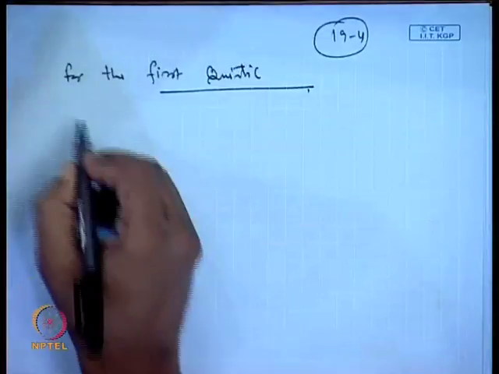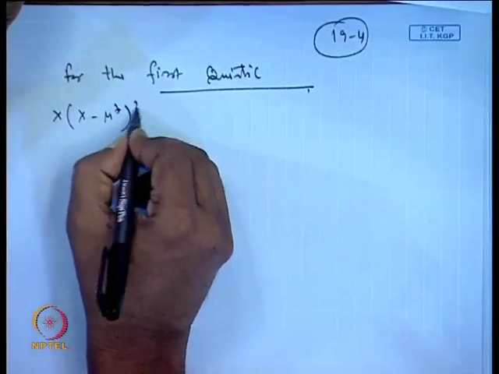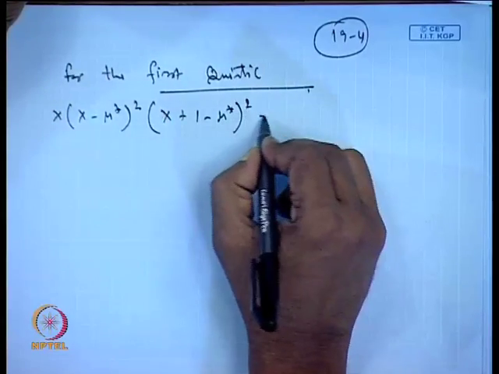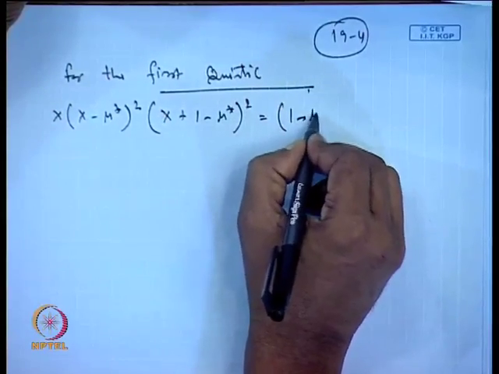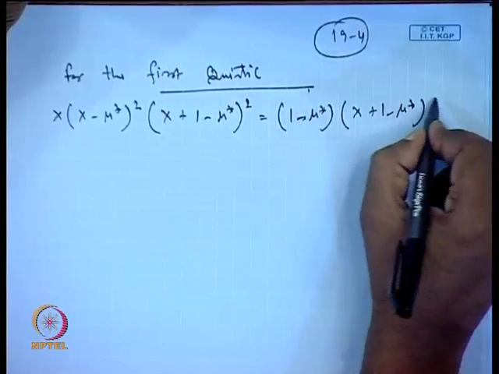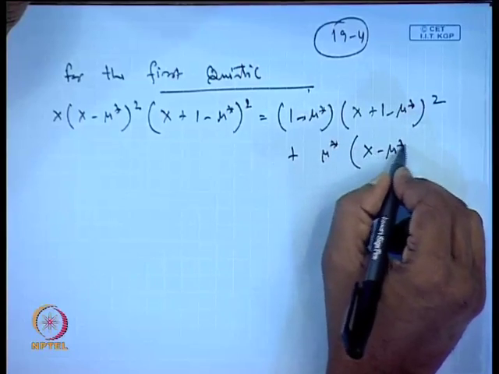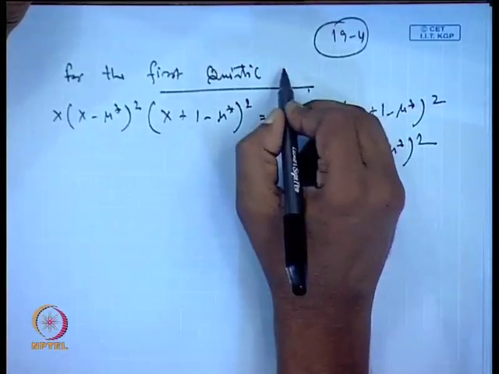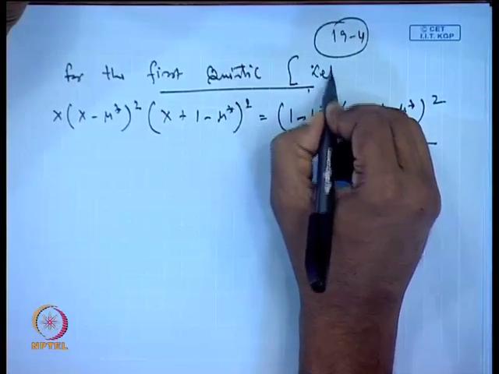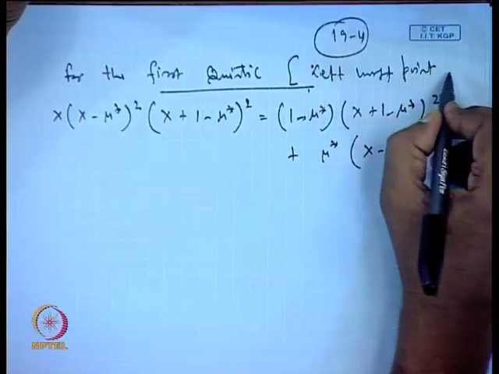For the first quintic, x times x minus mu star square times x plus 1 minus mu star square is equal to 1 minus something. This is the first quintic, the leftmost point, which is L 3.